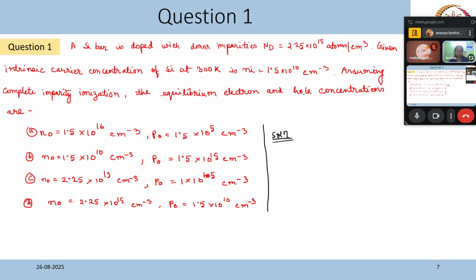In the course, if you remember, we learned this curve with respect to temperature. Initially, this ionization happens. This is our extrinsic region, and this is our intrinsic region. If we consider this as N, this is our complete ionization region, and this value is Nd.